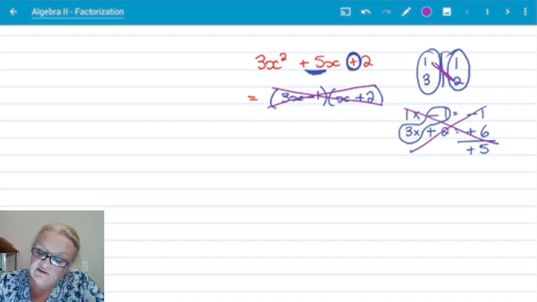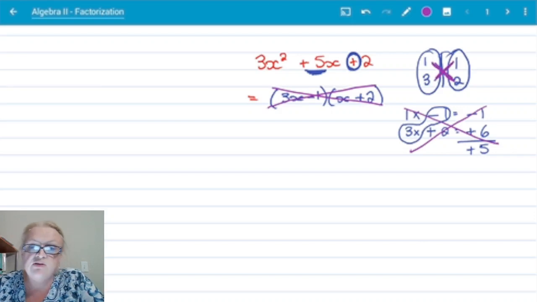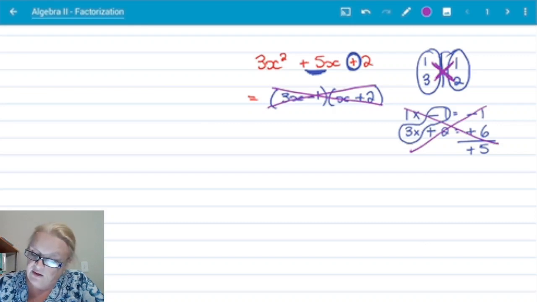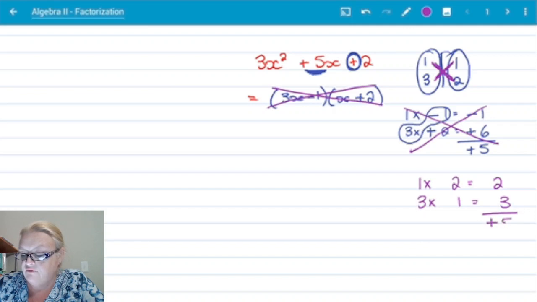If I said 1 times 2 and 3 times 1, I'll get 2 and 3, and that will also give me a 5. So let's try that option. 1 times 2 is 2, and 3 times 1 is 3. To get a positive 5, I need a plus and a plus.